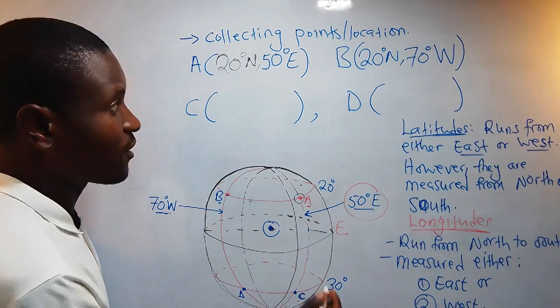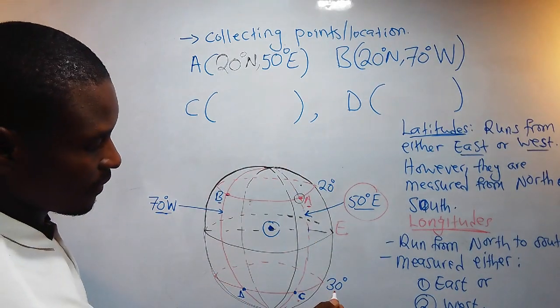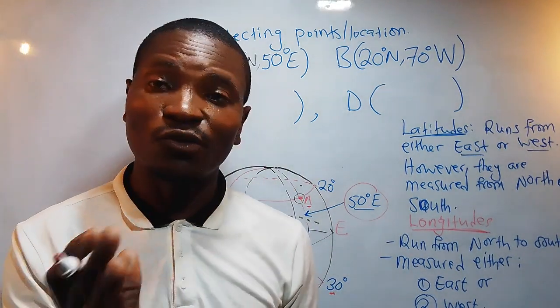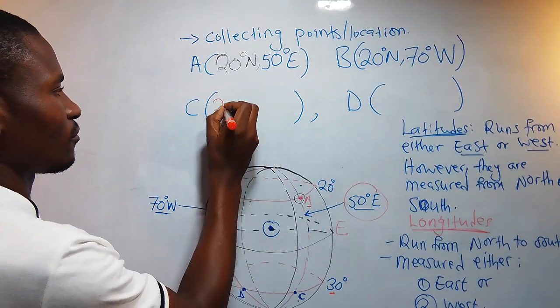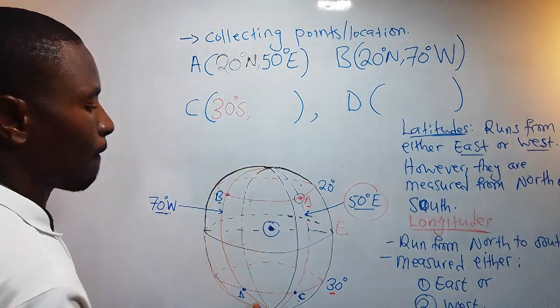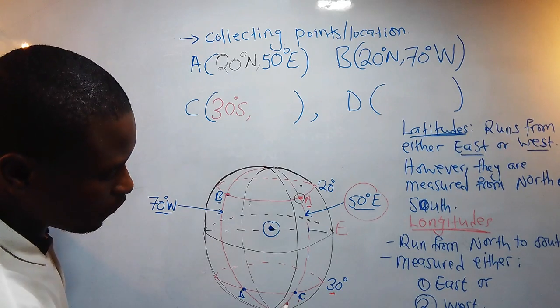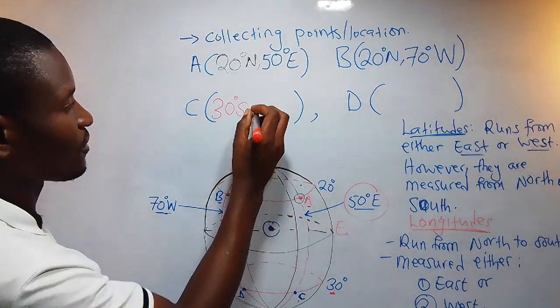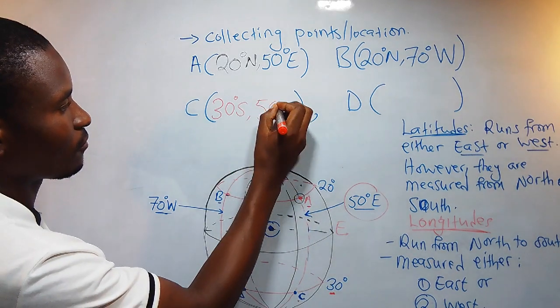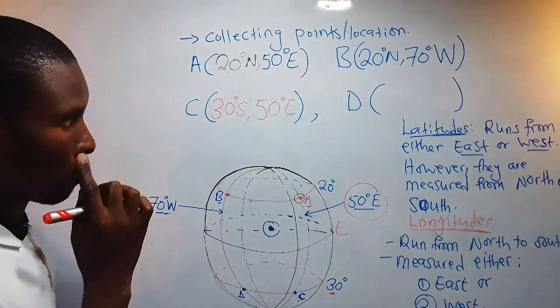So C is 30. You always start with the latitude. And then we just follow this intersection line, and this is 50.